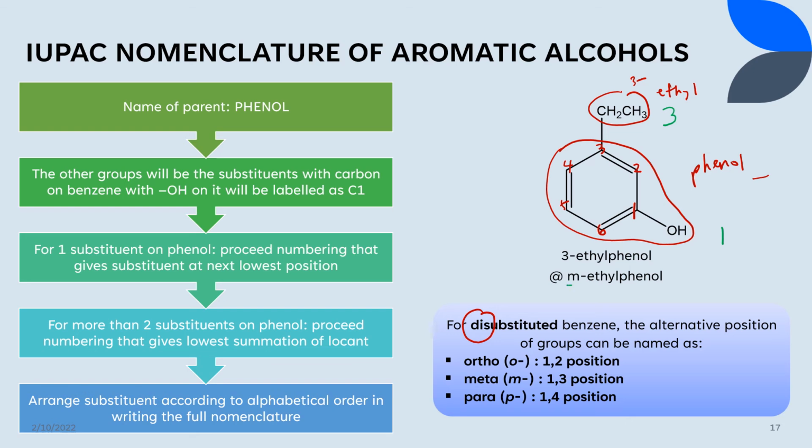Okay, so M-ethyl phenol ni menunjukkan bahawa OH pada phenol dan juga ethyl ini berada pada kedudukan 1 dan 3. Okay, so M-ethyl phenol adalah merujuk kepada kedudukan 1, 3 between dua cabang ini. Okay, or kalau awak tak boleh bagi nama M-ethyl phenol, you boleh bagi juga nama 3-ethyl phenol.